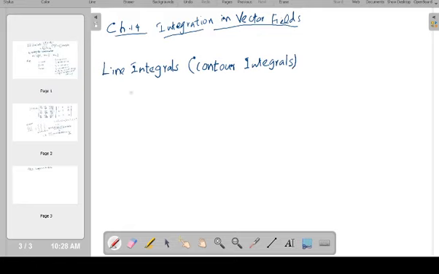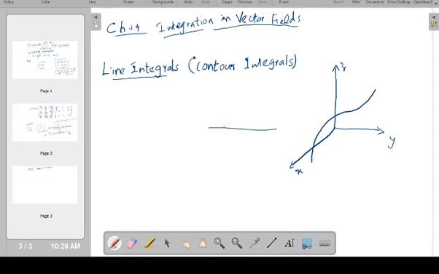So what is a parameterized curve? Suppose we have the xyz space. X-axis, y-axis, z-axis. A parameterized curve means you can think of a particle moving in this space with respect to time. So this is the time interval, let us say a comma b. When time t equals a, the particle was here.